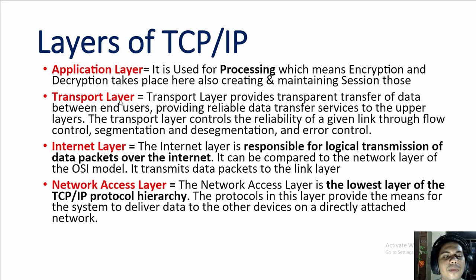Now let's talk about the transport layer. The transport layer provides a transparent transfer of data between users and provides reliable data transfer to the upper layer. Which means that in this layer, segmentation, desegmentation and error control happen.